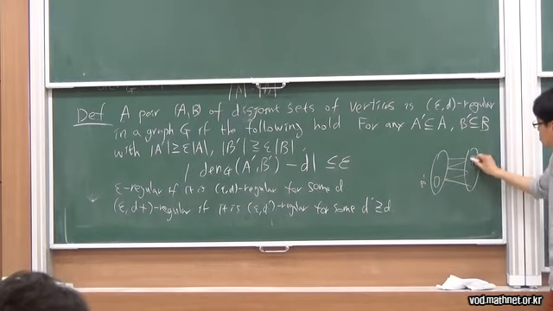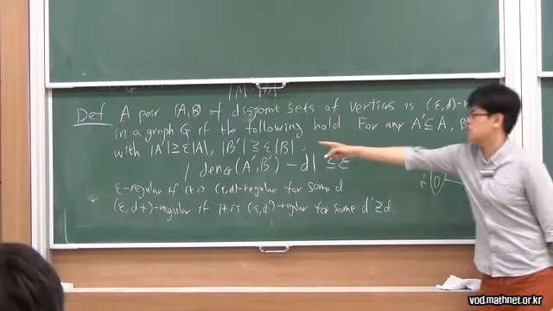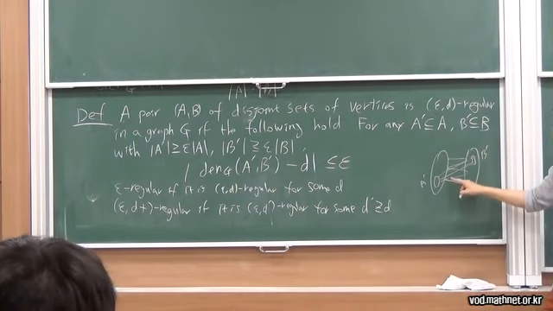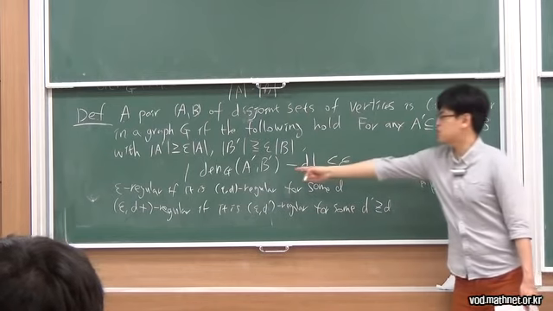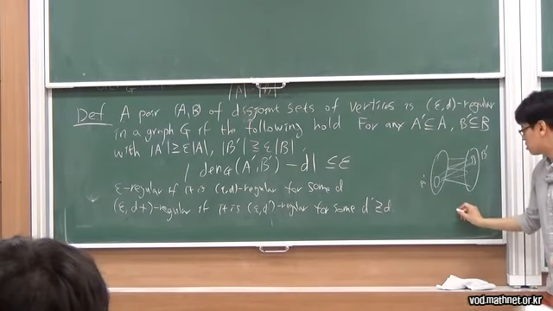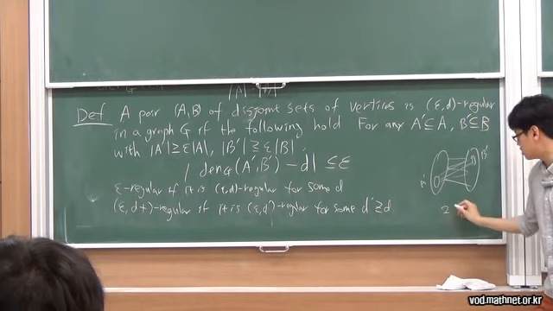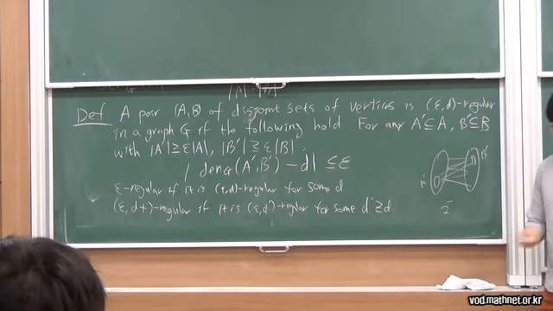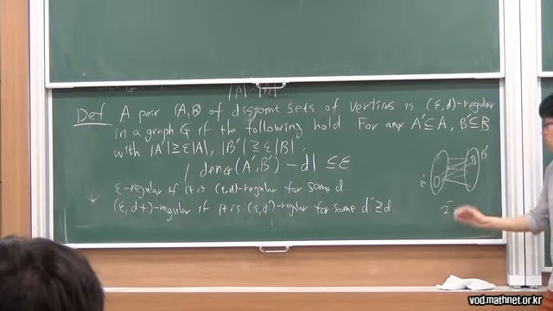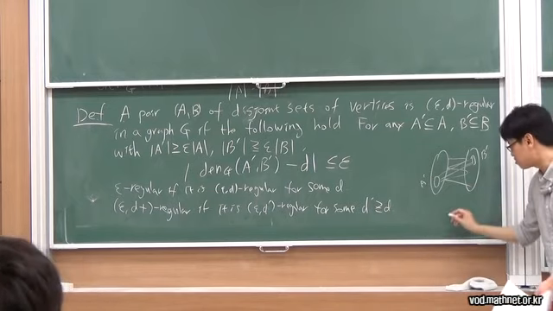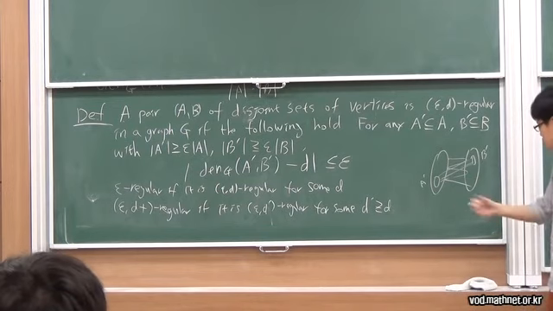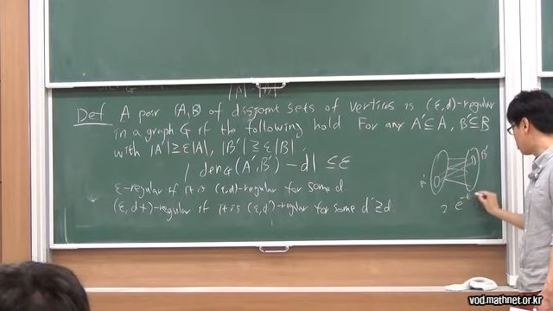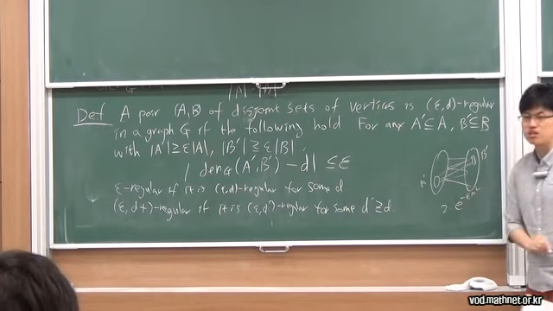And if we consider a random graph, we take A prime and B prime satisfying this condition, and we can use the Chernoff inequality to show that the probability that it doesn't have density very close to D is smaller than something like twice e to the negative some smaller number times n squared.